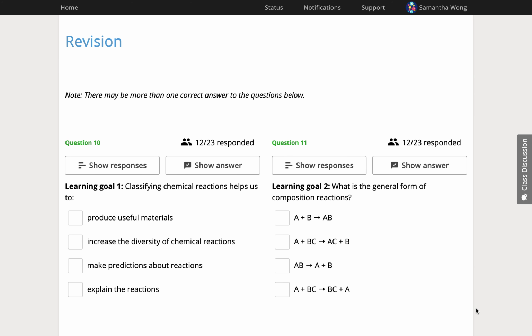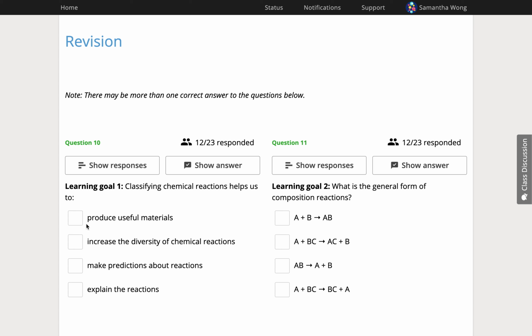Now for some revision. So based off these 2 lessons of work, what you should now be able to do is answer these following questions. So the first one here. Classifying chemical reactions helps us to. Sometimes there may be multiple answers that are correct, so it is your responsibility to go through your work and just double check.